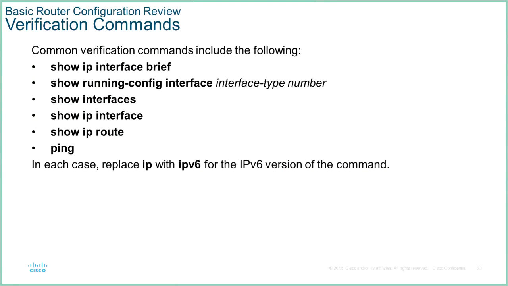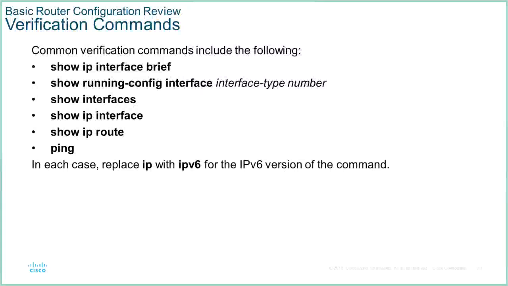Show interfaces will give us a list of all interfaces on the device and show us explicitly the layer 2 information for that interface. Show ip interface gives us layer 3 information, concentrating on the IP protocol.